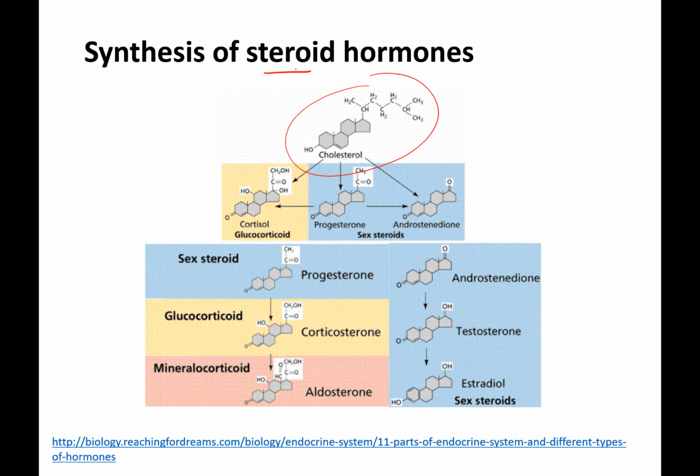Remember, a steroid is a lipid, and even though these are big molecules, they can go through the plasma membrane because they are mostly hydrophobic, and they affect gene expression.